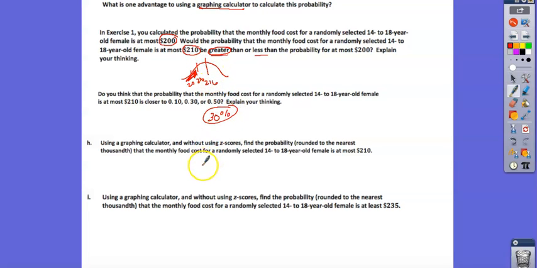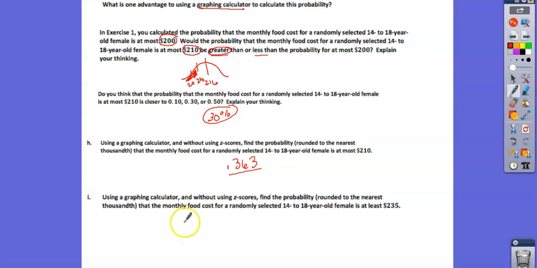Then they're going to ask you to use your graphing calculator, and that's my online function, and ask what you get. If you use the online function, you're going to get 0.363. Very nice. Very close. Okay, and if you use a graphing calculator without using z-scores, find the probability, rounded to the nearest thousandth, that the monthly food cost for a randomly selected household is at least 235.